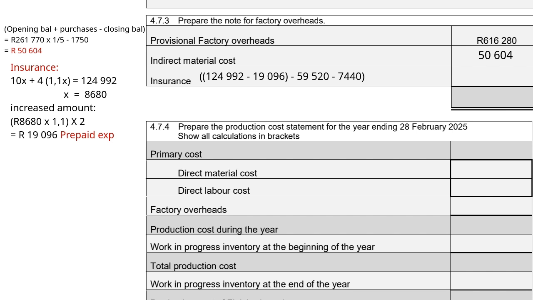So these two amounts mustn't form part of our insurance because it's only the factory insurance that we need to calculate. So if we minus those amounts, we then get an answer of 38,936 Rand. And that gives us a subtotal for our factory overheads of 705,820 Rand.